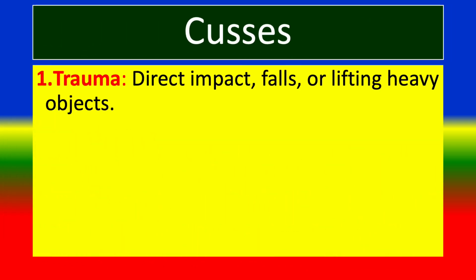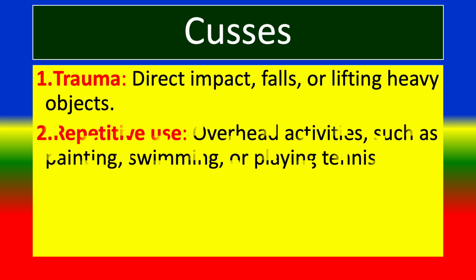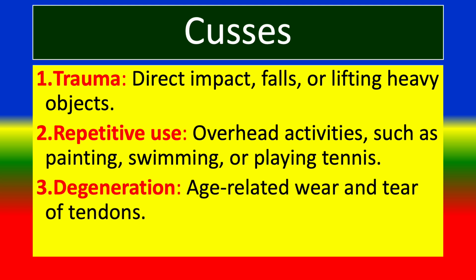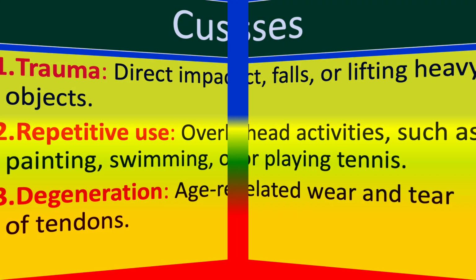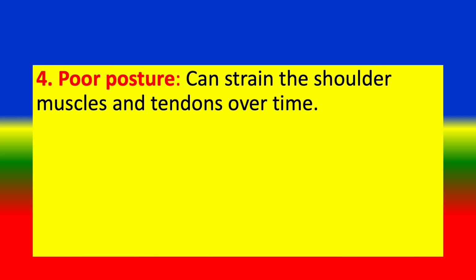Causes: 1. Trauma, a direct impact, falls or lifting heavy objects. 2. Repetitive use, overuse activities such as painting, swimming, or playing tennis. 3. Degeneration, age related wear and tear of tendons. 4.